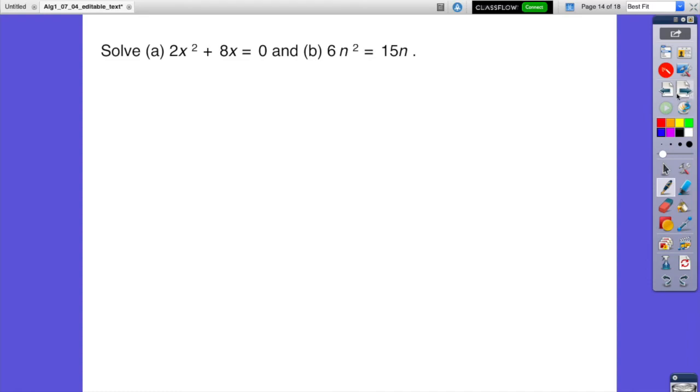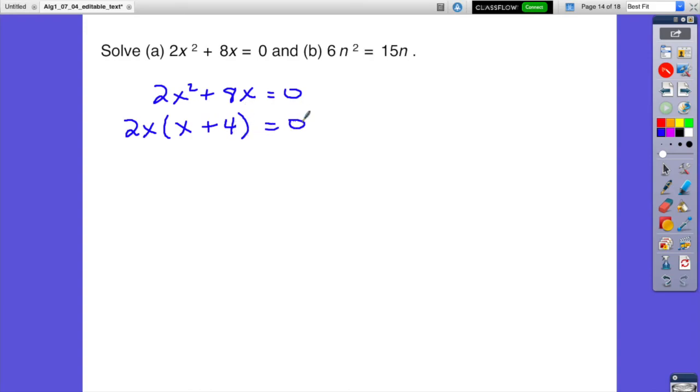Okay, now we're going to solve the problems that equal 0 as equations, but they're not factored yet. So in the beginning of the lesson, they were factored, and these are not factored. So let's try this. 2x squared plus 8x equals 0. First, we have to factor it because it's not factored. So I'm going to take out 2x, which is the greatest common monomial. What's left is going to be x plus 4.